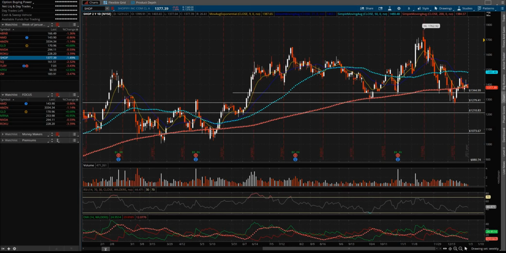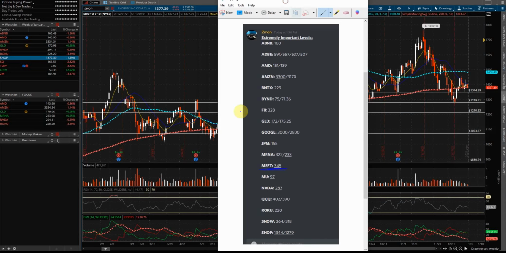So I'm gonna quickly go over what the pivot point levels are, the extremely important levels. I think I'm gonna start trying to post this every week. These are extremely important levels that the stock can either bounce at or completely tank under if it goes under.